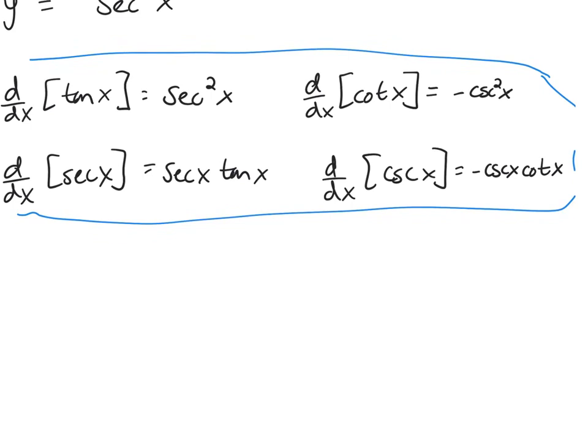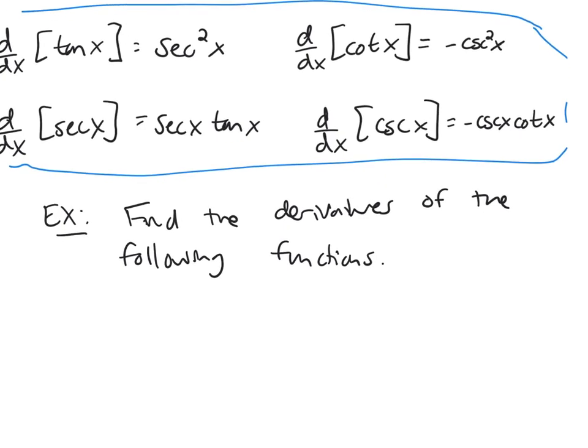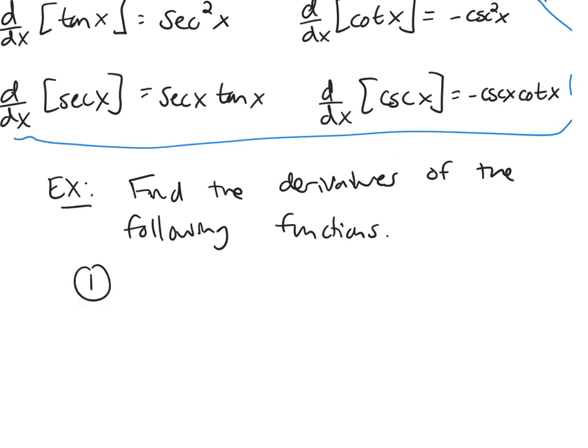And so now let's do some more derivatives with trig functions. Find the derivatives of the following functions. So the first one we're going to do is the function y equals x minus tangent x.